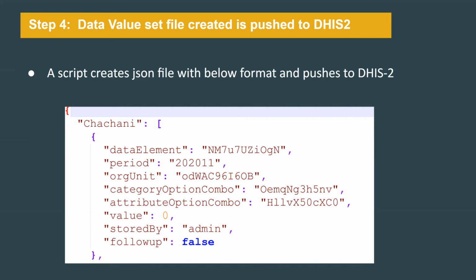So if I push this in DHIS2, it will go under the data element name for this period, and for this Shahia, the Chachani Shahia. So that is a very high level overview of how we integrated the two systems.